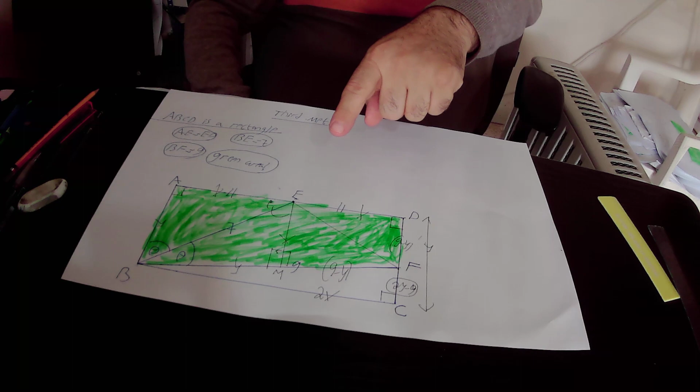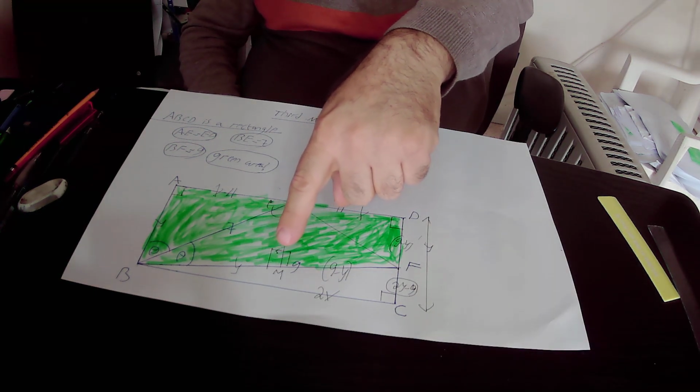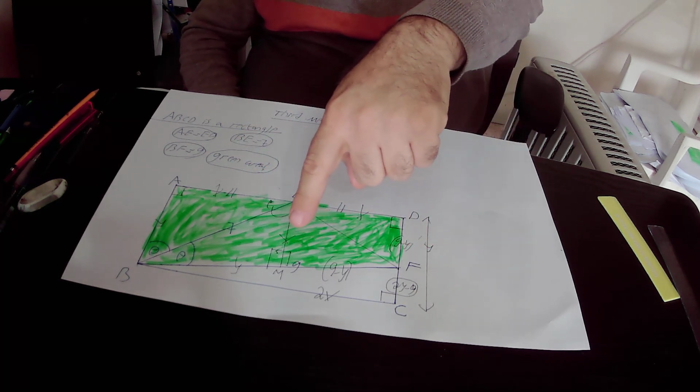From point A, we draw a perpendicular to BF. This angle is 90 degrees and this angle is also 90 degrees. The touching point between the perpendicular and BF is point M.